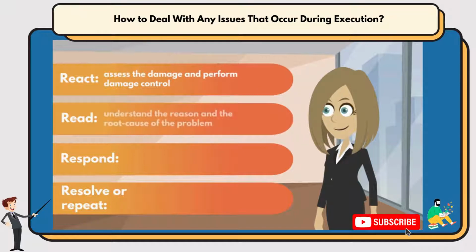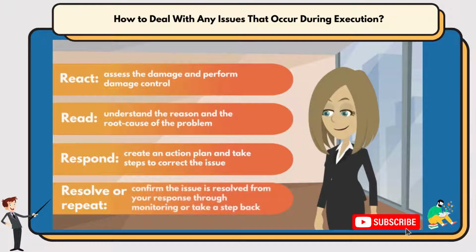Understand the reason and the root cause of the problem. Then comes respond. Create an action plan and take steps to correct the issue. And lastly, resolve or repeat. Confirm the issue is resolved from your response through monitoring. If so, carry on with the execution. If not, go back a step or 2. Change something until step 4 is resolved.